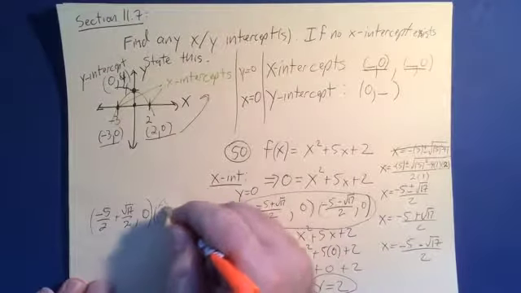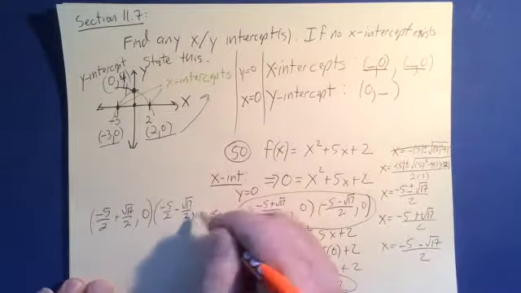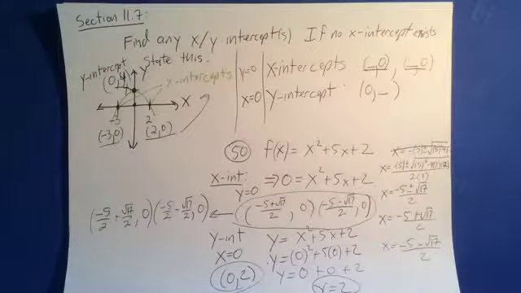And then this is going to be negative 5 over 2 minus radical 17 over 2, comma, 0. So notice here all I'm doing is splitting up that fraction into two separate parts. I'm not fussy about it one way or another, but just know that MyMathLab may be fussy about the way this is expressed. So if you're having difficulty with that, that could be the source of your difficulty.